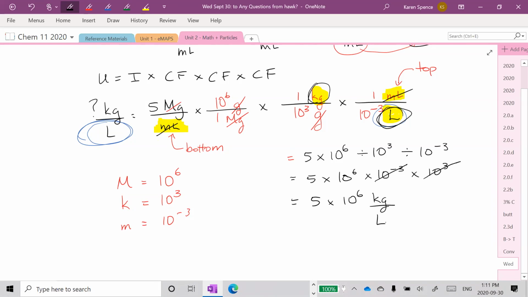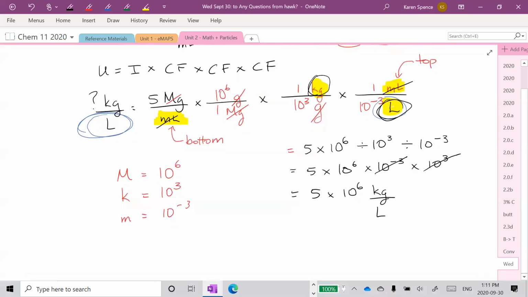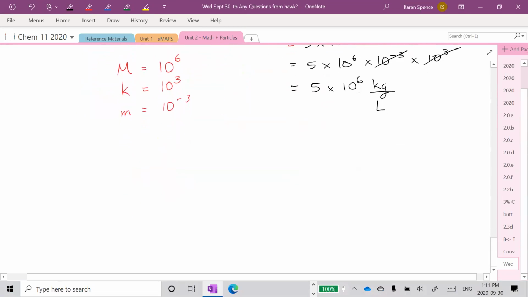If you're happy with this method of converting rates, I'm going to give you some practice to do. In your workbook, we have 2.4D, page 75.